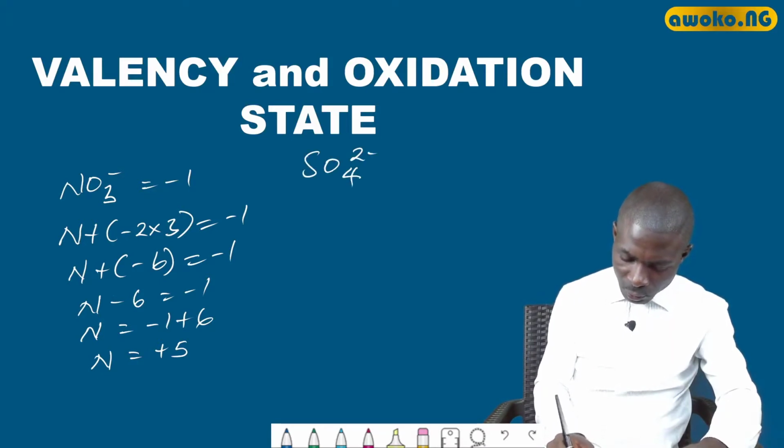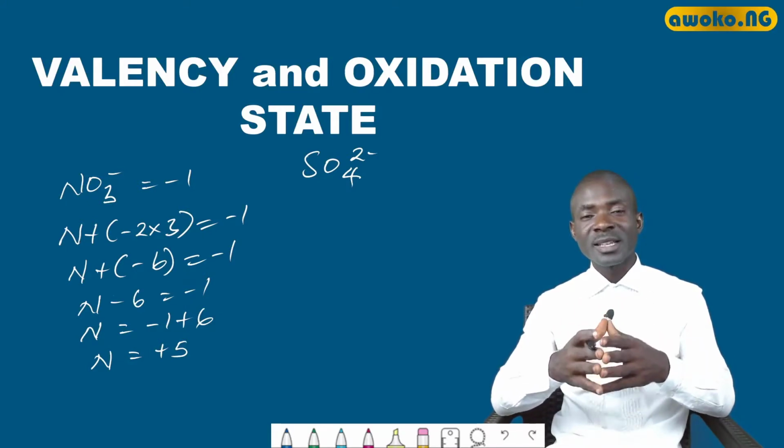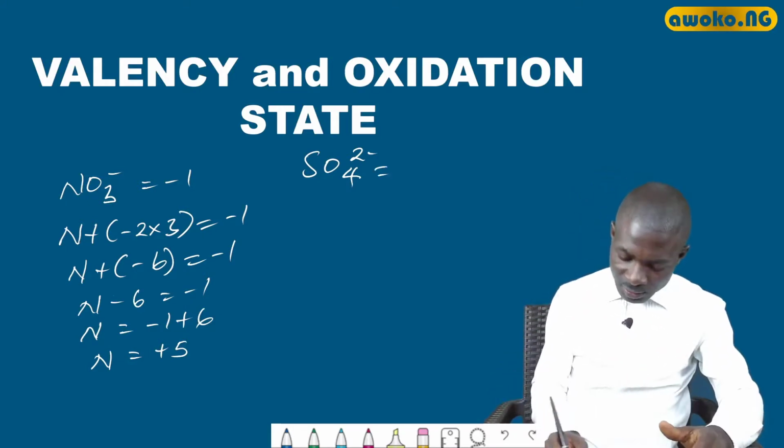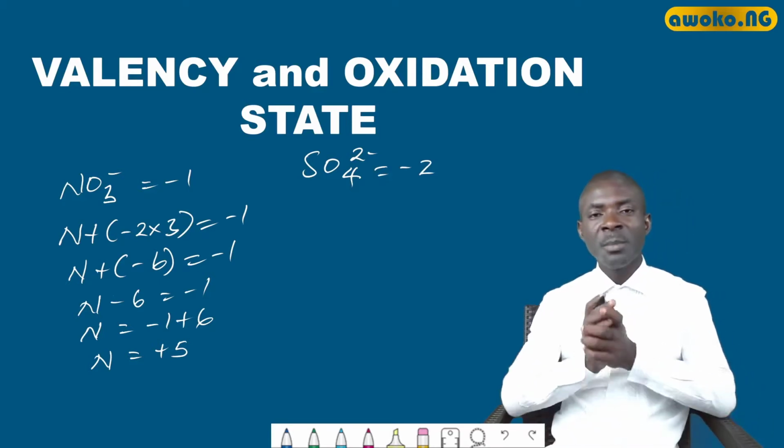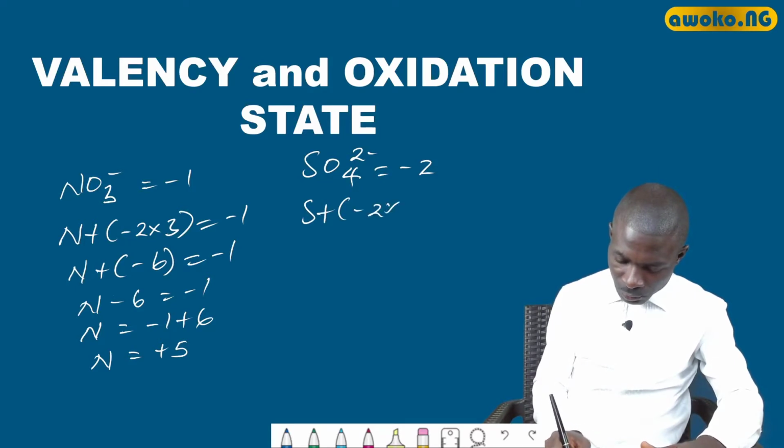Let's take a look at another ion called SO4 2-, which is tetraoxosulfate 6 ion. It is simply equal to the charge, which is -2. So we can have S as the subject of the formula, bracket -2 times 4 equal to -2. So we have S plus bracket -8 to give us -2.